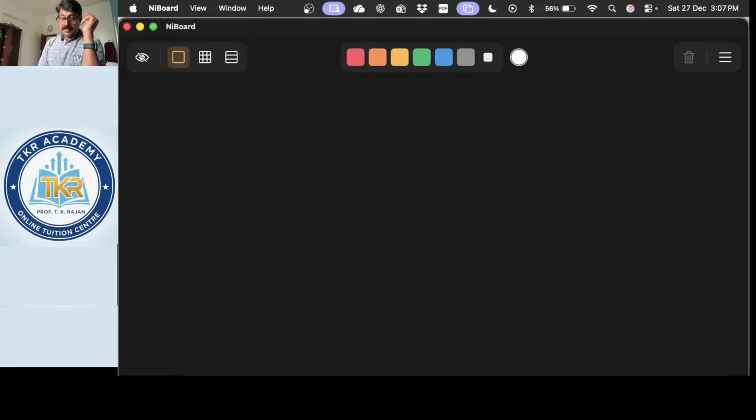Now, what is the complement of a set? The complement of a set is always with reference to the universal set. So if A is any set and U is the universal set, then the complement of the set, we write A complement, A^C.